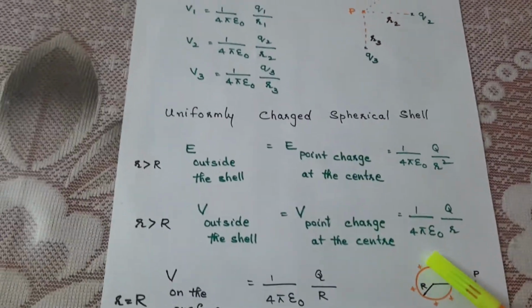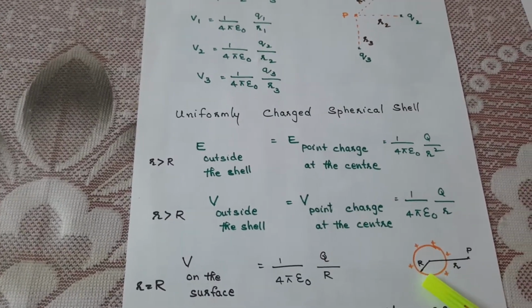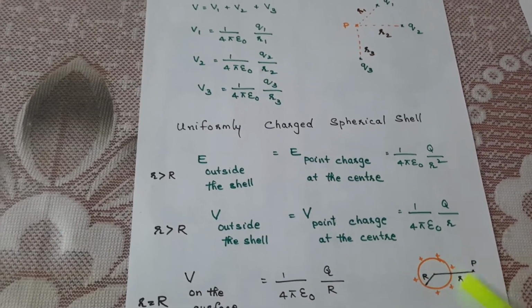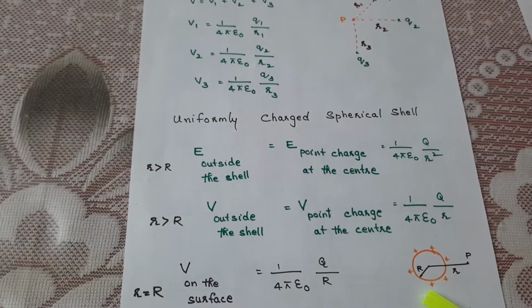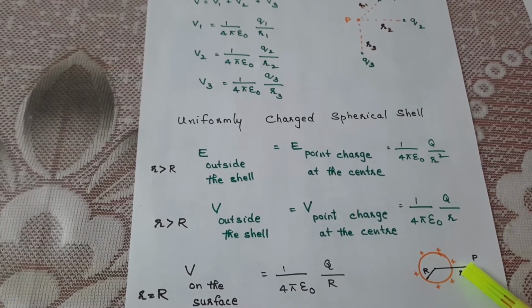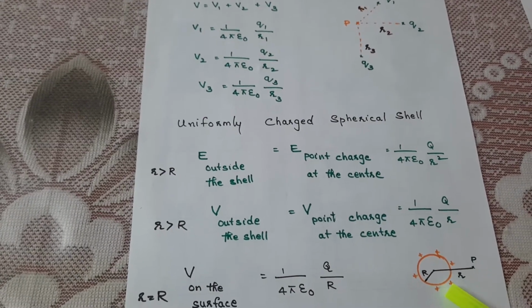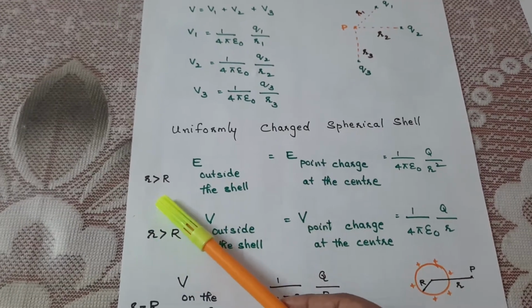If we consider a uniformly charged spherical shell of radius R, it produces an electric field same as that of a point charge outside the shell. So, for a point outside the shell, there is a distance R greater than the radius.